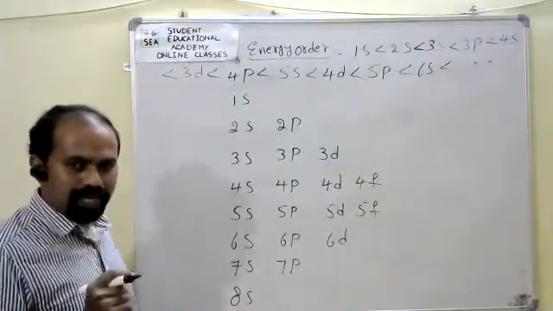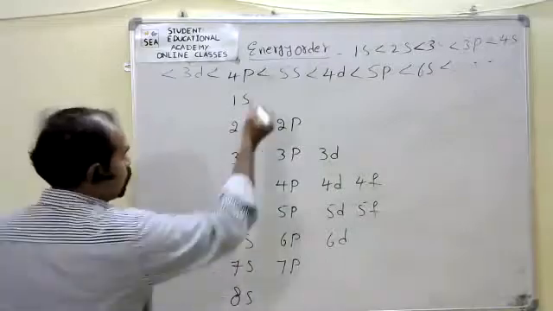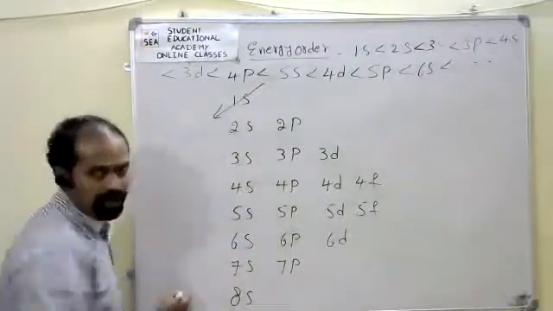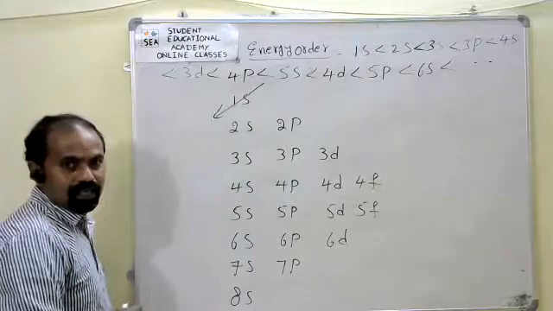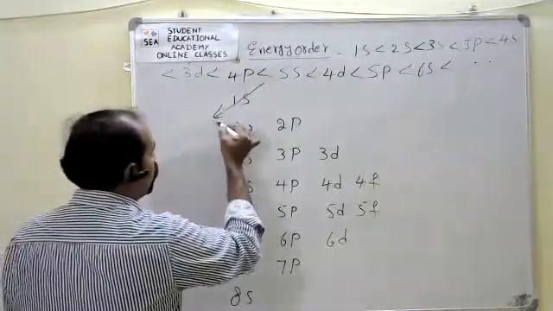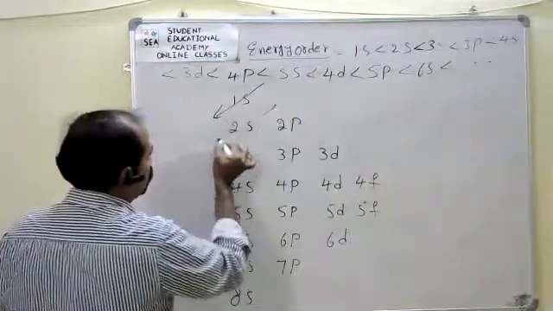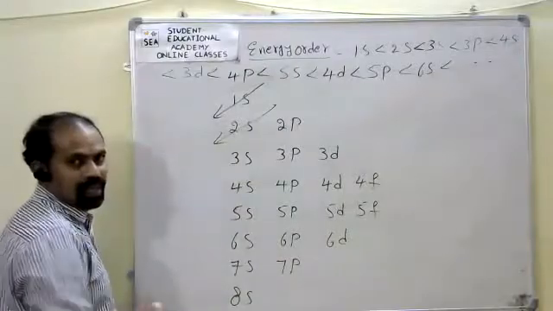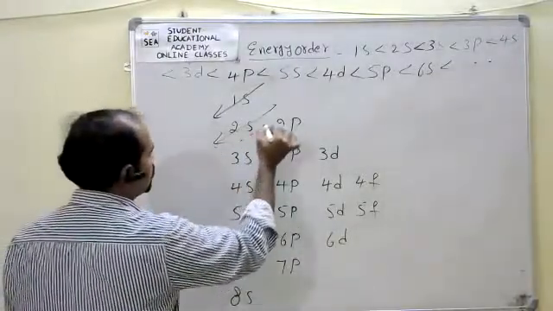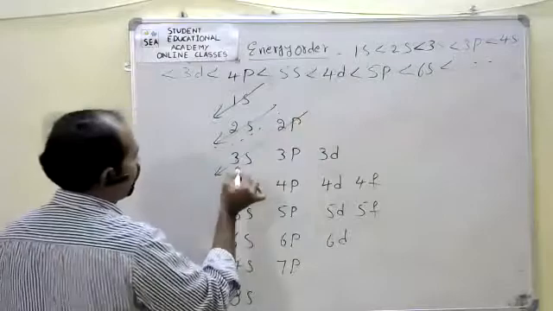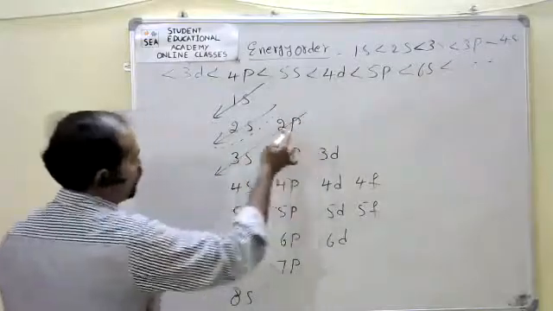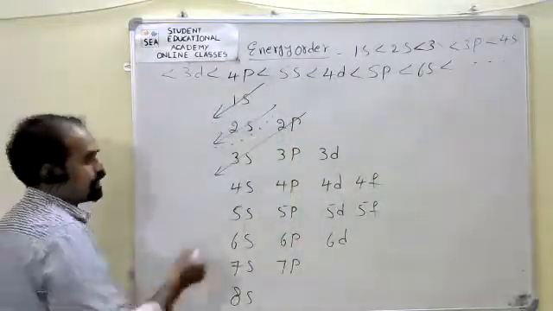Now, from lowest to highest energy. See, first this one, lowest, 1s. Followed by 2s. Next, see this, 2p, 3s.